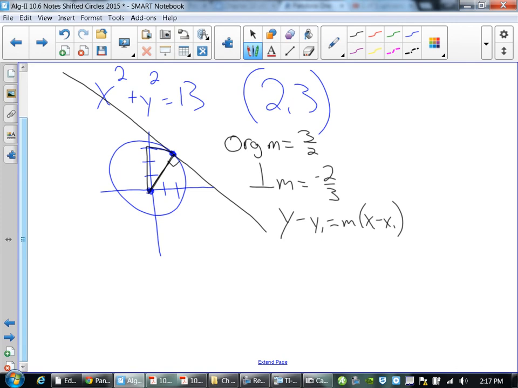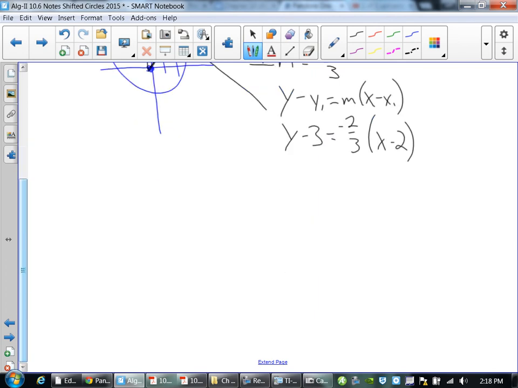Bring the k over, y equals m times x minus h plus k, where (h, k) is the point. So here it's just a matter of substituting back in. So you get y minus 3 equals -2/3 times x minus 2.